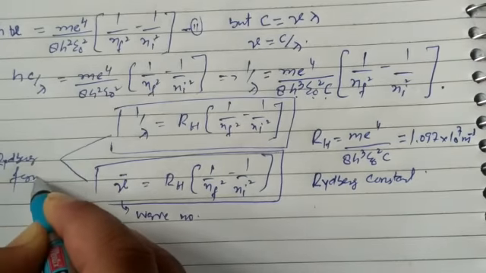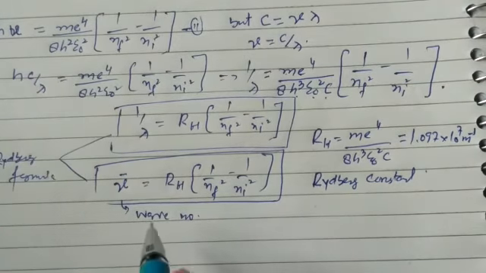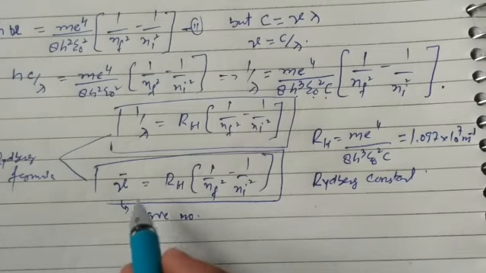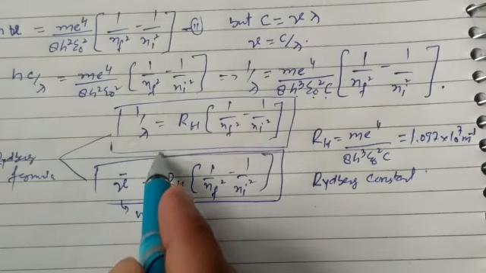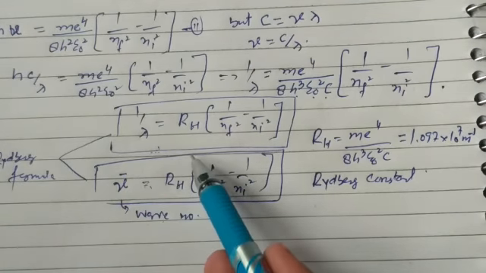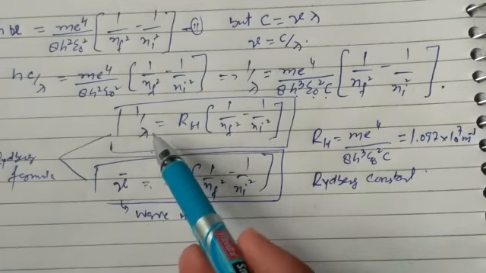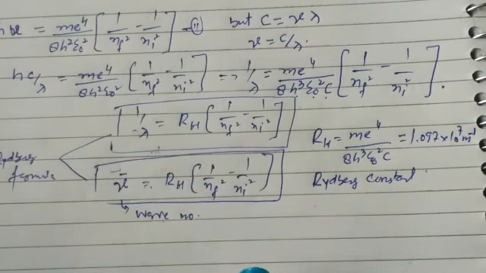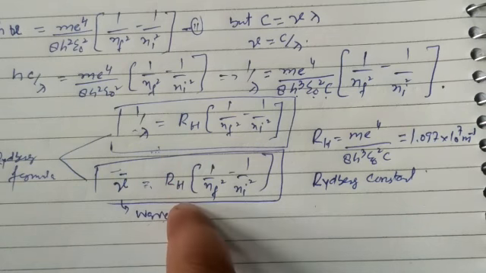Nu bar is called the wave number, that means how many waves are present in unit distance. For the examination perspective, you have to remember this equation, so that in future the numericals will come from it.